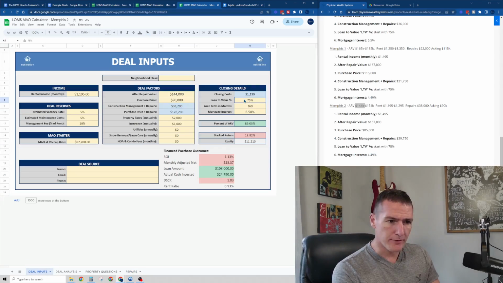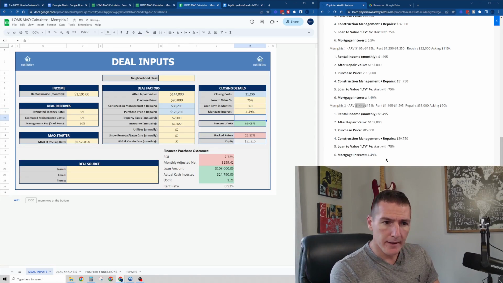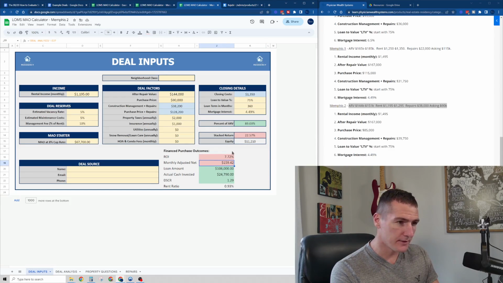Back to number 5. The interest rate we have here is a 449, and we're starting out at 7.5. Cool. So as we run our numbers here, we're looking at this and we're not seeing a good deal.